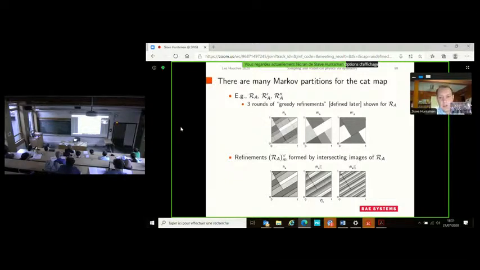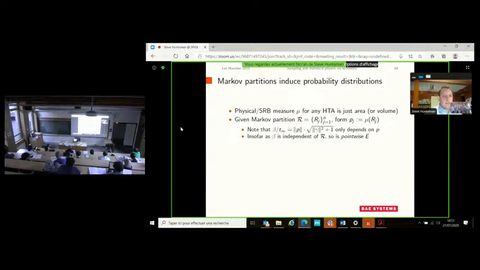And so you can see that things get compressed in the stable direction, and they get stretched out in the unstable direction. And these partitions induce probability distributions, right? So if you take the phase-space measure for granted, well, it turns out that the physical measure is the same thing.